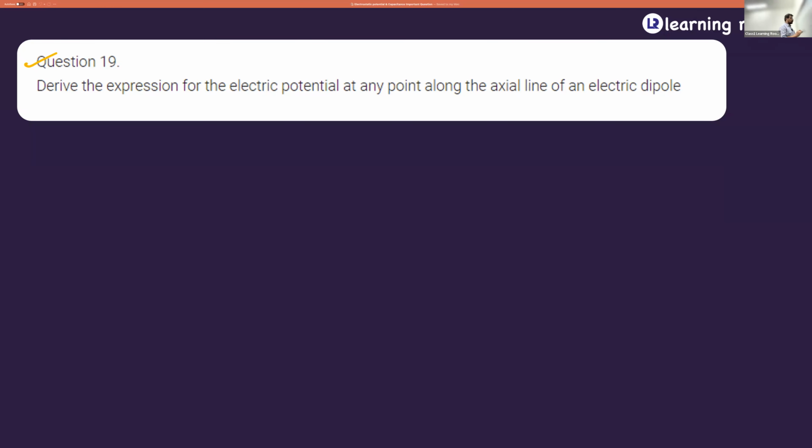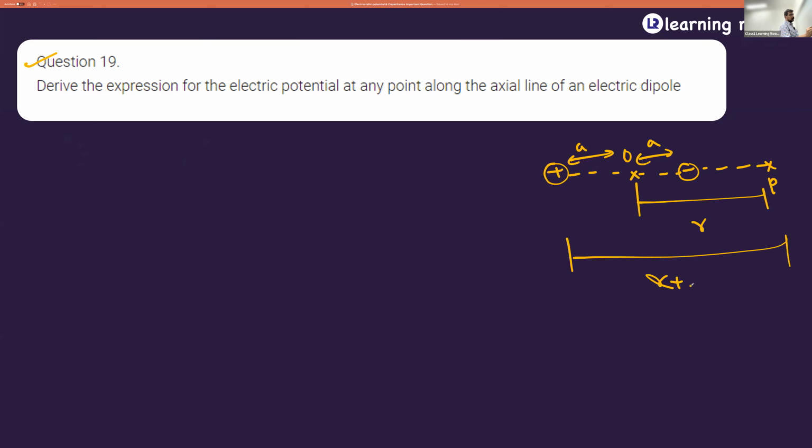So this is the diagram, no? This distance is R, this is A, and this is A. So how much will this distance be?